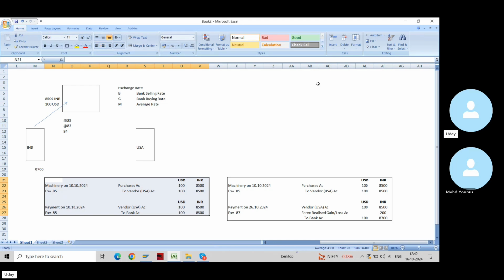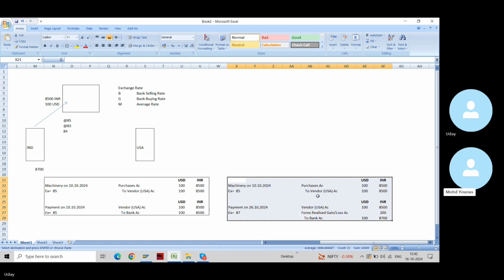Whenever your exchange rates are changing, you will get foreign exchange gain or loss. For example, on 10th October it is 85, and it decreased to 80 on 26th October.